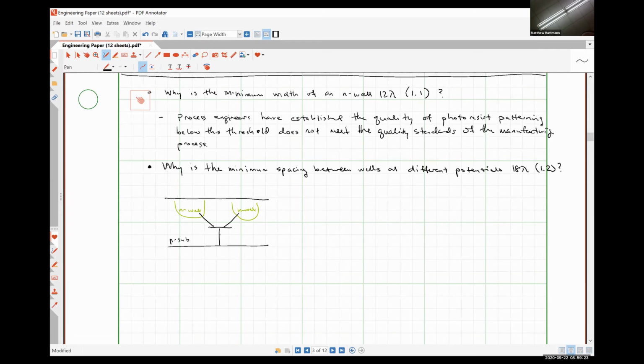And so we need to space those wells far apart so that it's much, much harder for conduction to occur between, let's see, this would be the collector and the emitter in this case, right?